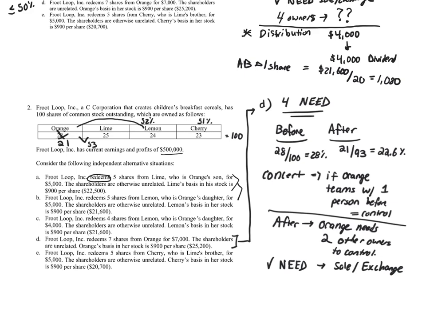Because if you see what's going on here, again, the best way to do it is picture a decision that the corporation's making that's so integral that only the voters, the owners, can decide. Like, okay, we're going to close our retail and go 100% online. Or close our brick and mortar, I mean. They have to vote on it, right? And if Orange wants to close, Lemon and Lime don't want to close, but Cherry's on the fence, Orange might be able to persuade Cherry.